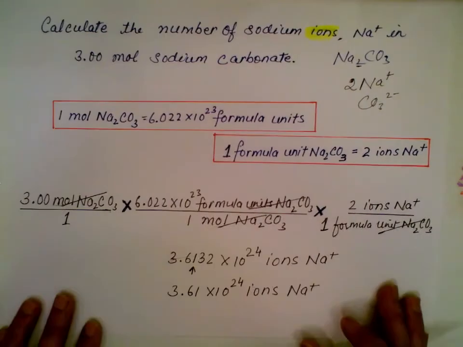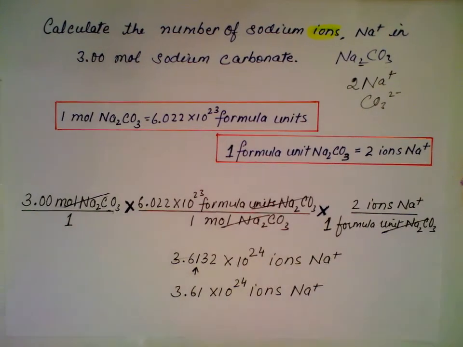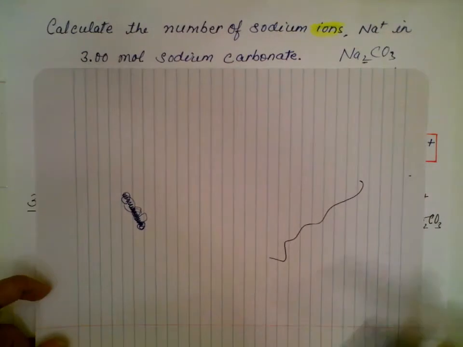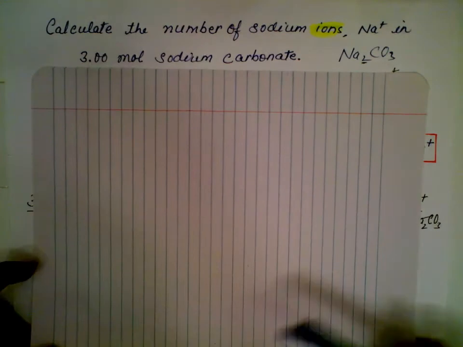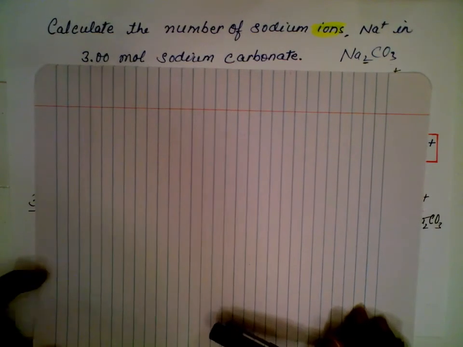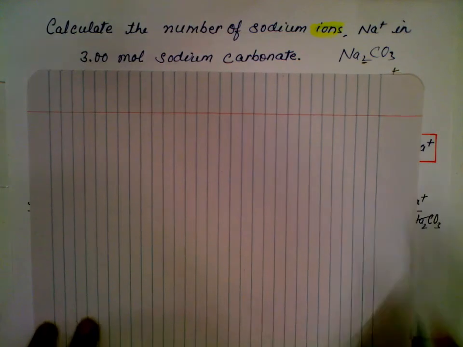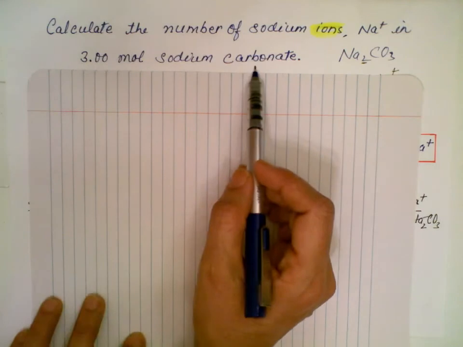Alright, so here is a very similar problem. In the problem that we just did, you had to calculate the number of hydrogen atoms in 1 mole of water molecules, and here instead of atoms you have ions. That was a water molecule, and here you have a sodium carbonate formula unit.